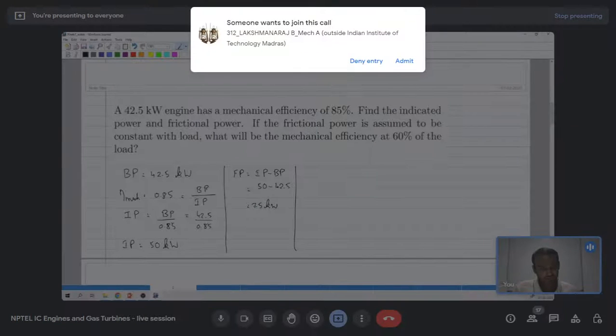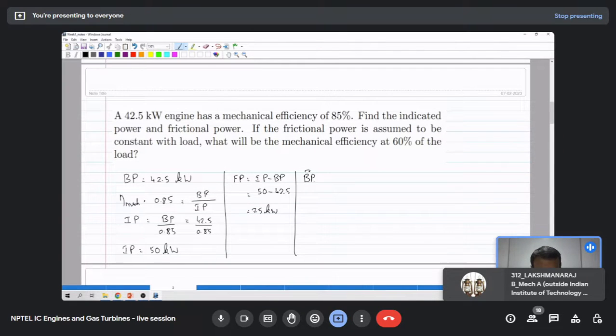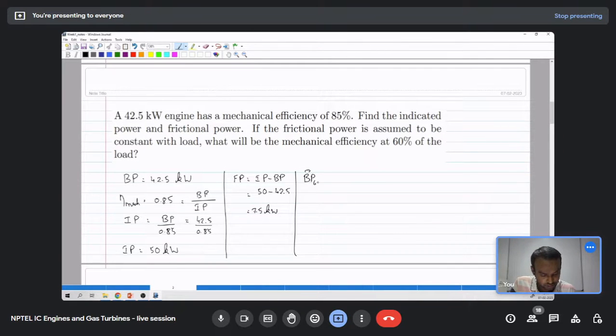Now if the frictional power is assumed to be constant with load, what will be the mechanical efficiency at 60% load? So that means at new brake power, 60% brake power is equal to 0.6 into brake power, which will be 0.6 into 42.5.